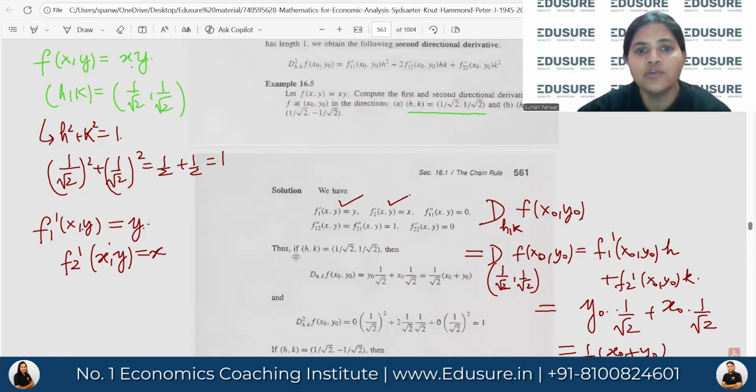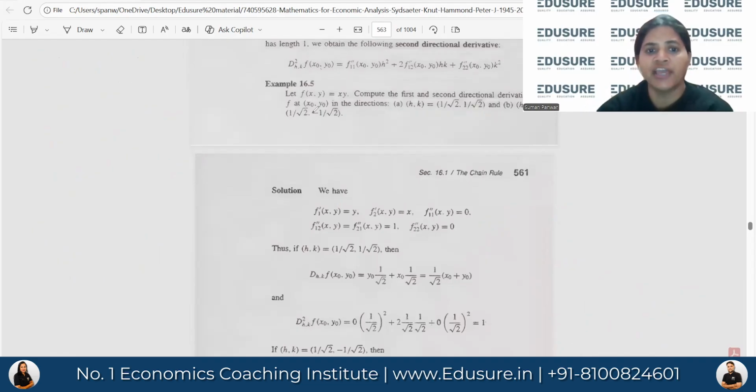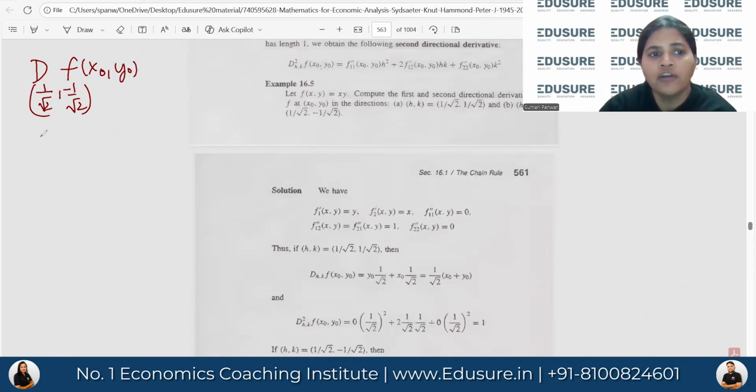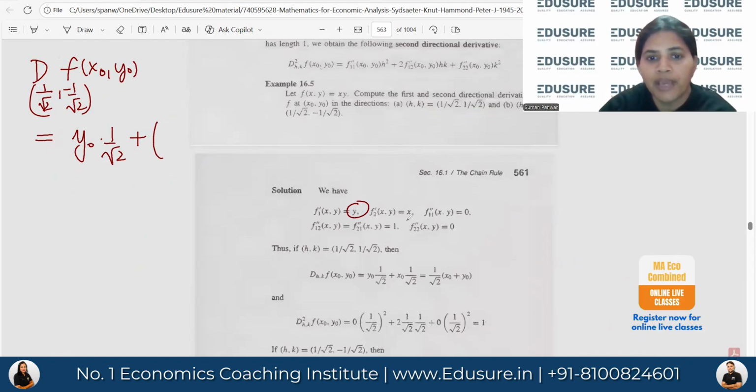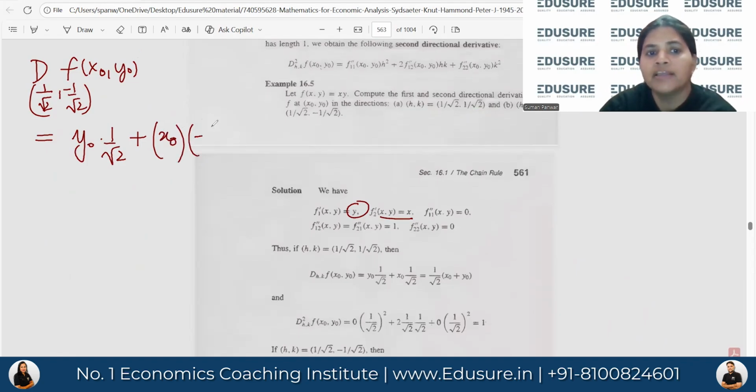Okay. Now let us look at the second direction, that is hk equal to 1 by root 2 comma minus 1 by root 2. So again we have to do this for f at x naught y naught. f1 prime was y, so that is y naught into h, plus f2 prime, that is x, so that is x naught into minus 1 by root 2, because k is minus 1 by root 2.